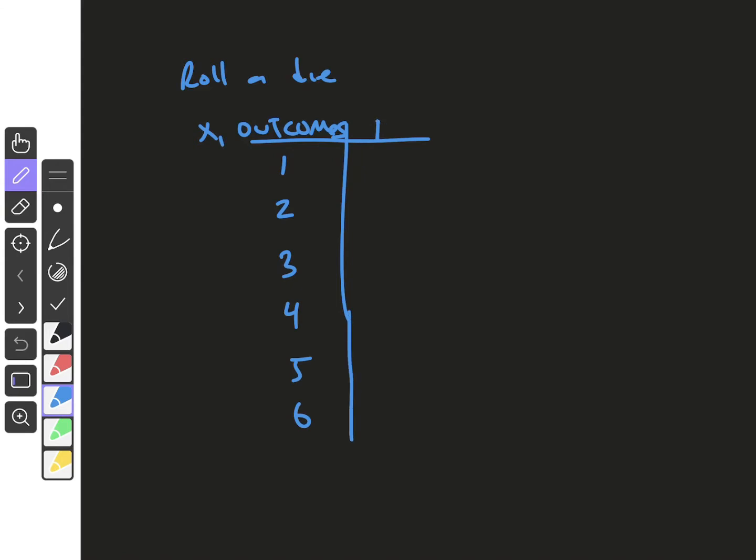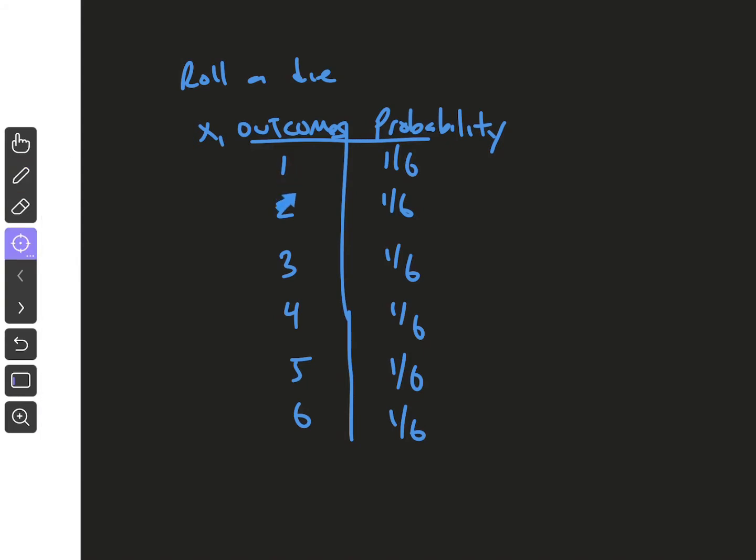On the right-hand side, you have the probability that goes with each one. Being that you're rolling a die, and each side has an equal chance of showing up, the probability of each one is 1/6. So this shouldn't be anything new or surprising. But what I've illustrated here is a probability distribution. On the left-hand side, you have your outcomes, and on the right-hand side, you have your probability. So there you go. That's what a random variable is.